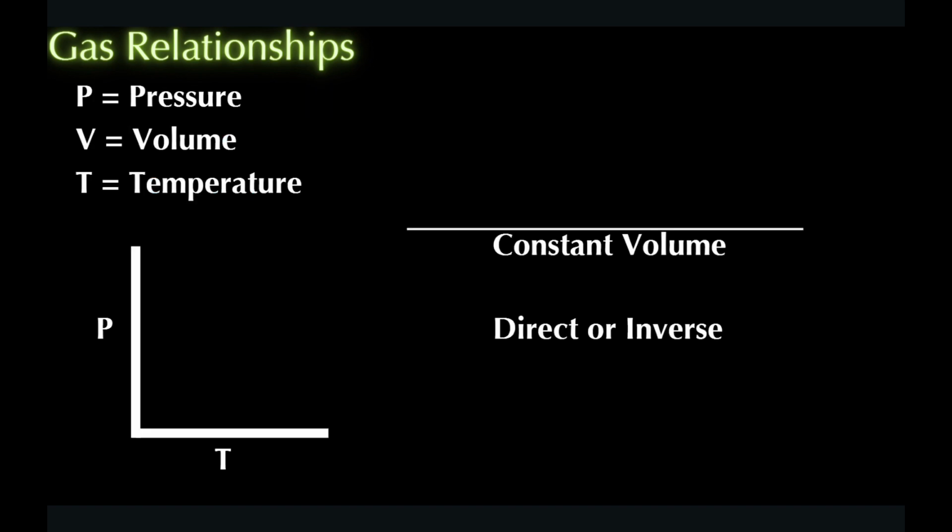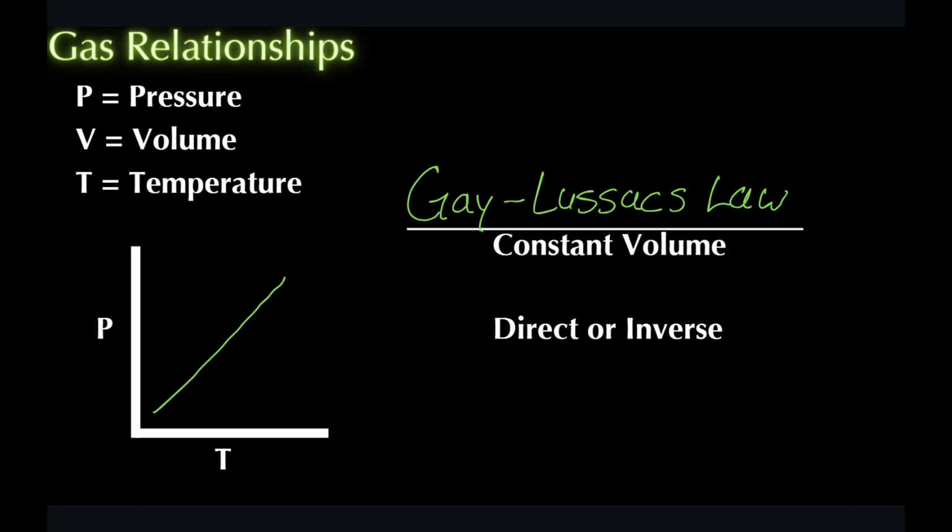Our first relationship is when we have a constant volume. Whenever we have constant volume, this is known as Gay-Lussac's law. How this looks on the chart is that as I increase my temperature, my pressure will also increase.